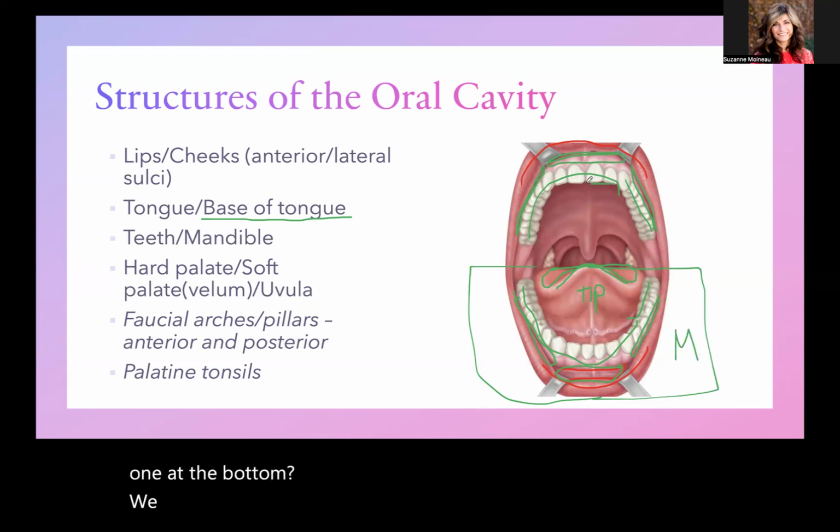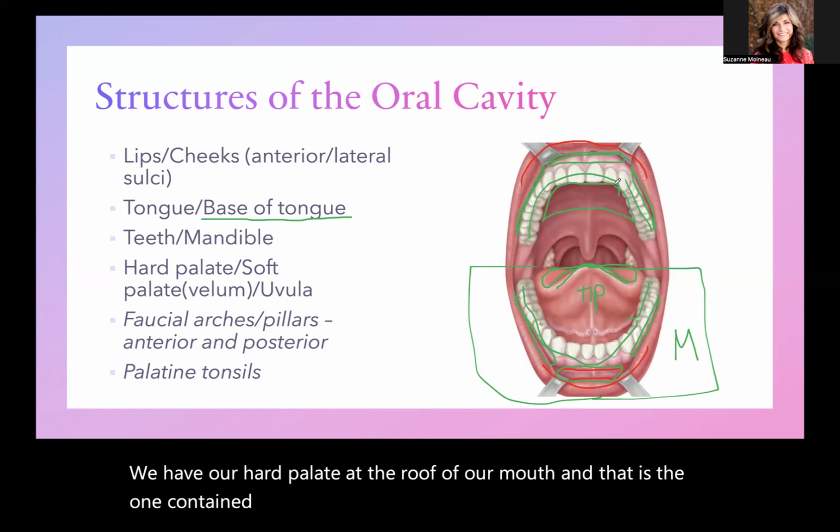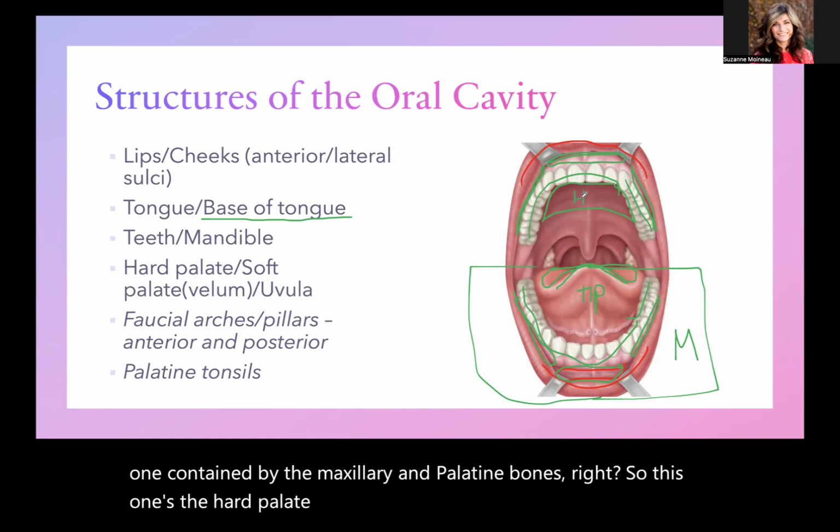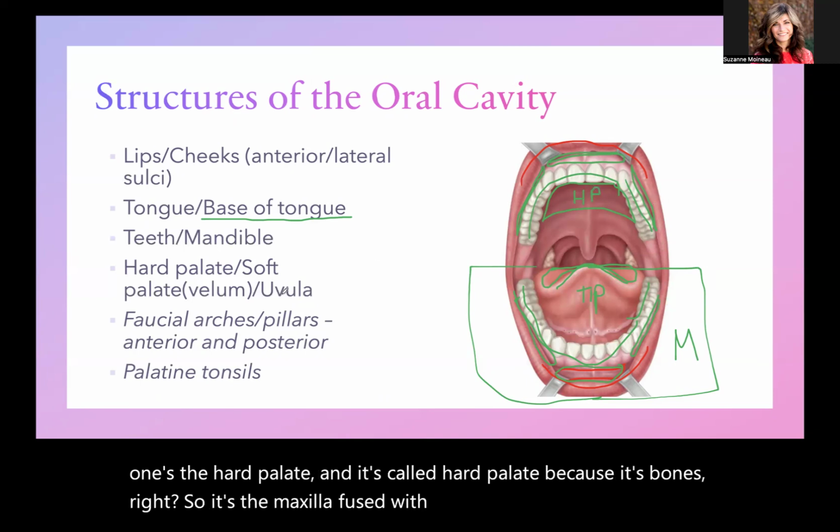We have our hard palate at the roof of our mouth, and that is the one contained by the maxillary and palatine bones, right? So this one's the hard palate, and it's called hard palate because it's bones, right? So it's the maxilla fused with the palatine bones.